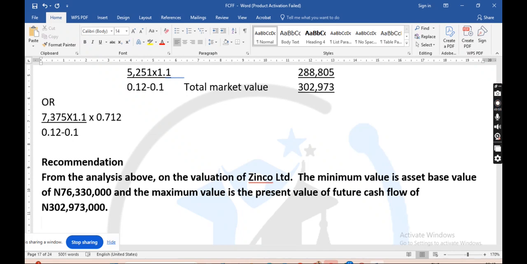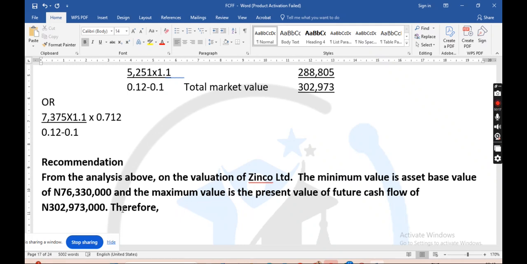Therefore, or you say furthermore, or you say therefore, the bid of Zinco.